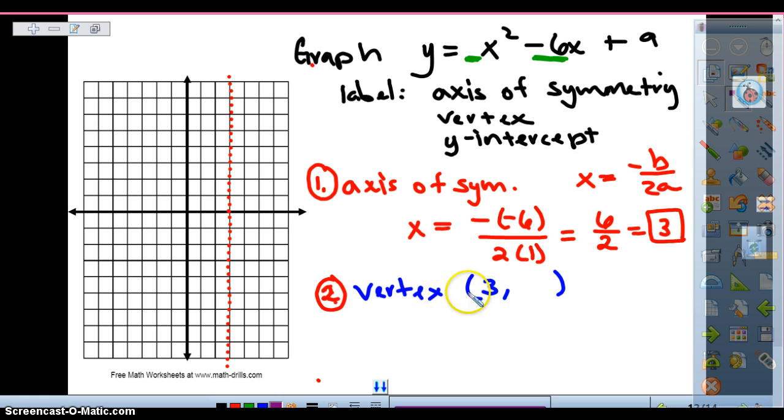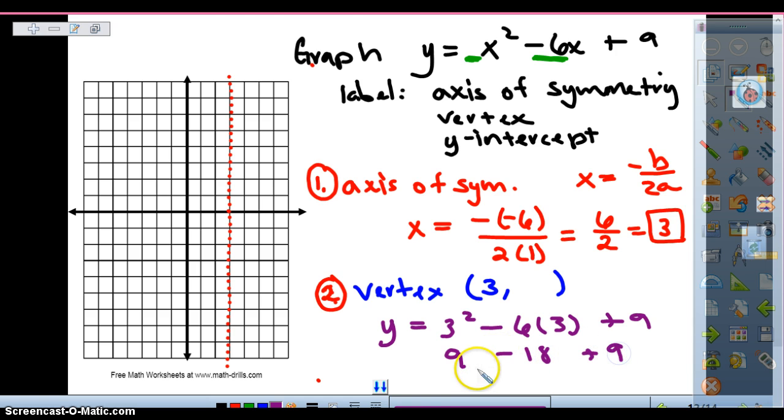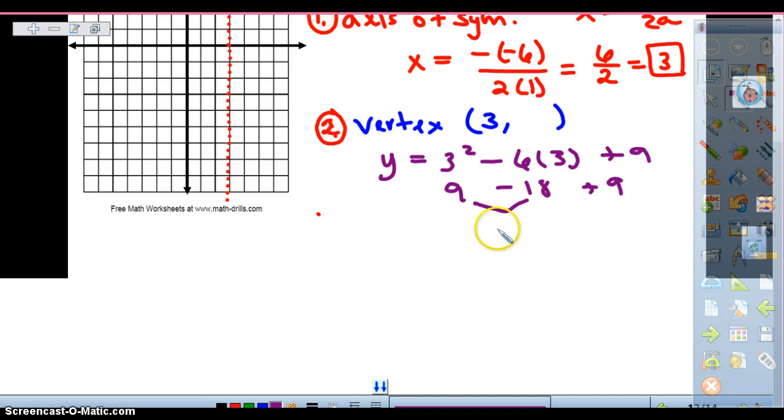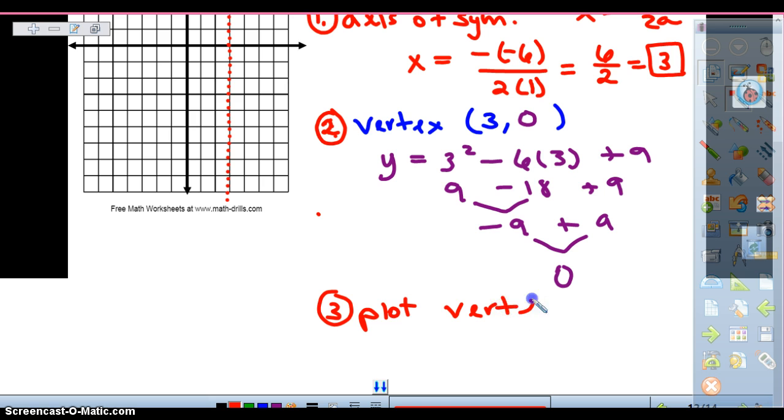Now we have to substitute 3 into our equation. That means y equals 3 squared minus 6 times 3 plus 9. 9 minus 18 plus 9. 9 minus 18 is negative 9 plus 9, 0. The y-coordinate of our vertex is 0. So step 3 is plot the vertex, which is 3, 0.